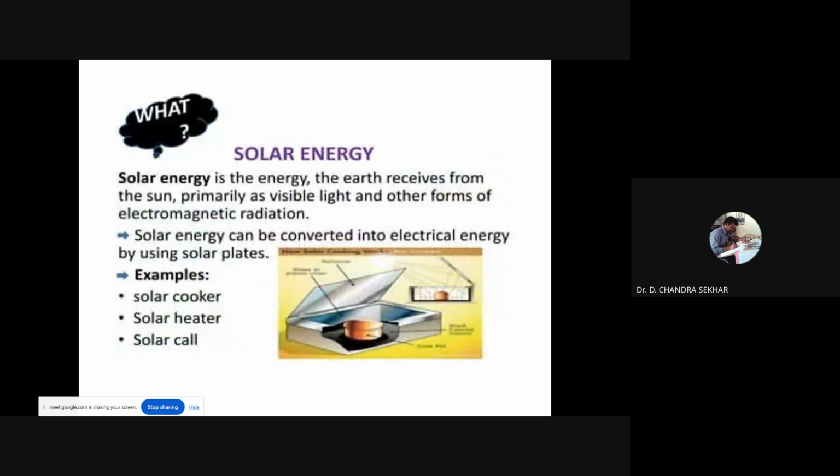The solar energy is the energy received from the sun's radiation, primarily visible light and other forms of electromagnetic radiation. Solar energy is converted into electrical energy by using solar plates, solar cookers, solar heaters and solar coils. These are a few examples.